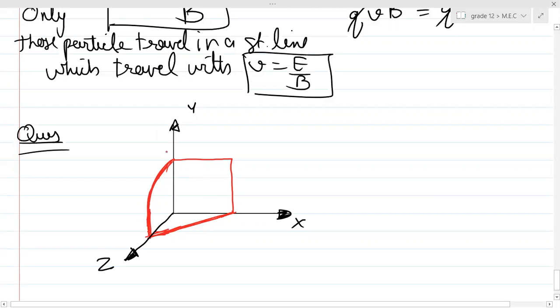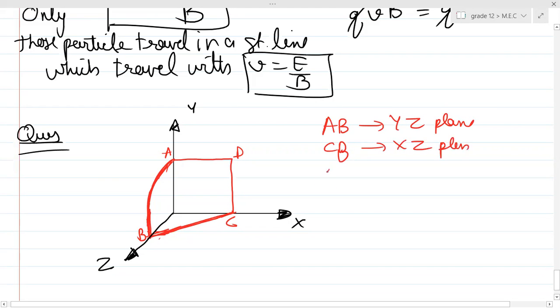Part AB is in the YZ plane. Part BC is in the XZ plane, and the CDA part is basically in the XY plane. Everyone able to get what exactly I'm trying to draw, right? Part CA, XY.